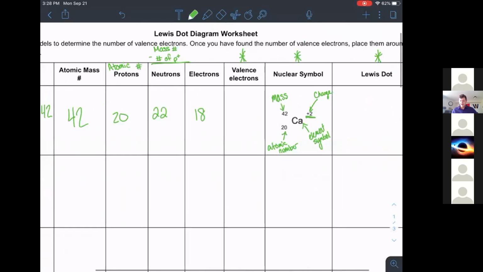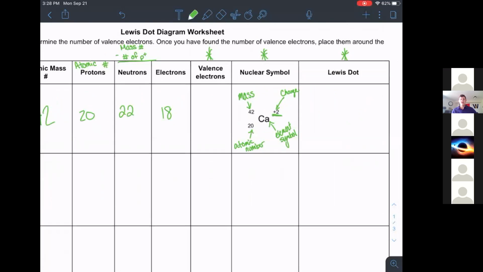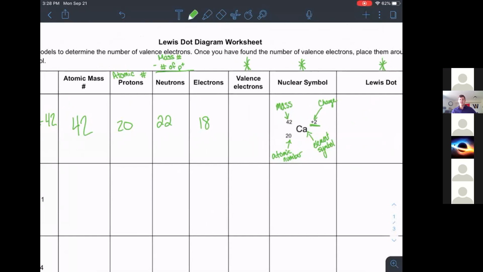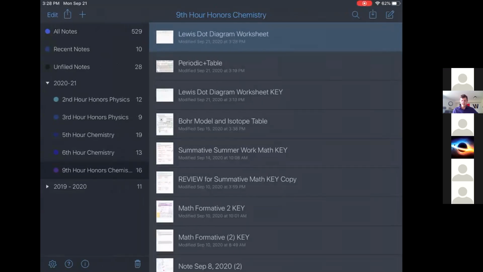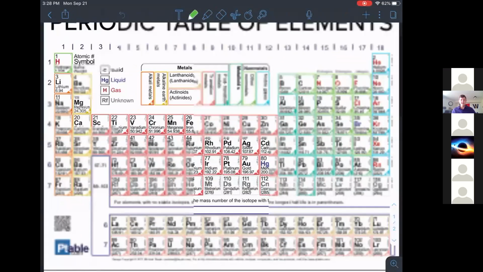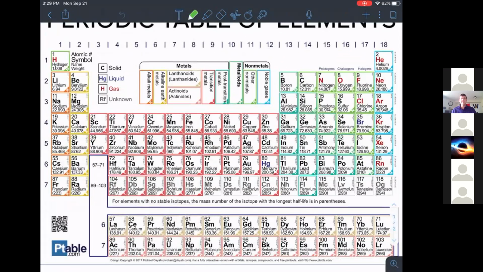All right. Now is where we get to probably the hardest part of the day, and that's our valence electrons. And that's going to be a couple of issues. So I want to go back to that periodic table, and I want to look at calcium. And just normal calcium on the periodic table, can you guys tell me how many valence electrons calcium will have? 2.